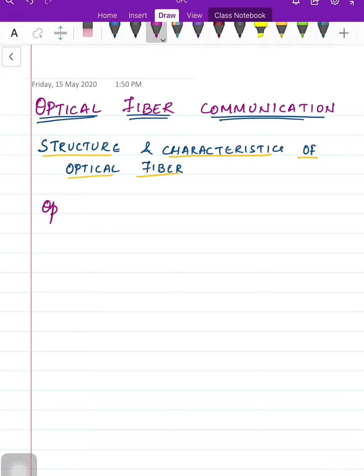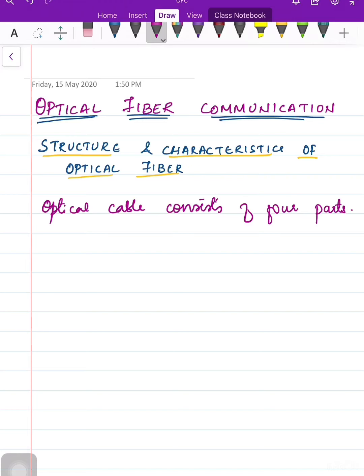Optical fiber, or optical cable, consists of four parts. I'm taking four parts because we will have one extra to read, so in case it is important to include, then let it be.